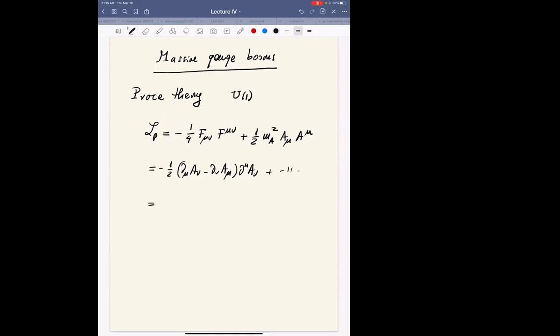I integrate the first by parts. And I get 1/2, the sign changes. I drop the total derivative. I will have, obviously, look, the first piece is going to give me the box.